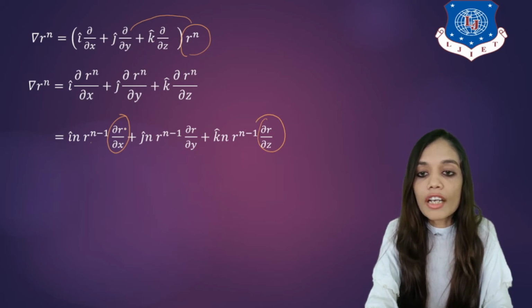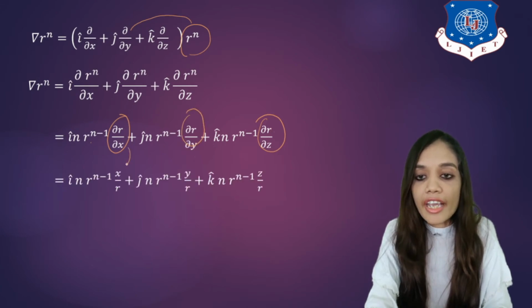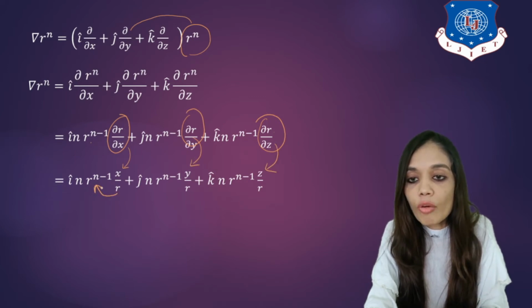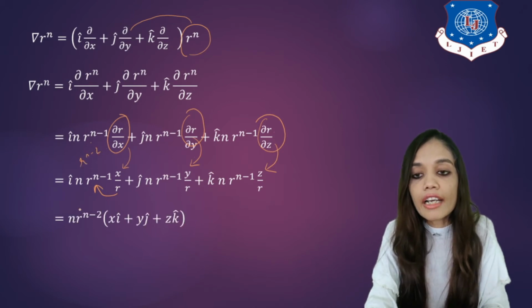Now let us put the values of del r by del x, del r by del y and del r by del z, which is x by r, y by r, z by r. Now simplify this and form it as r raised to n minus 2 and take out common.